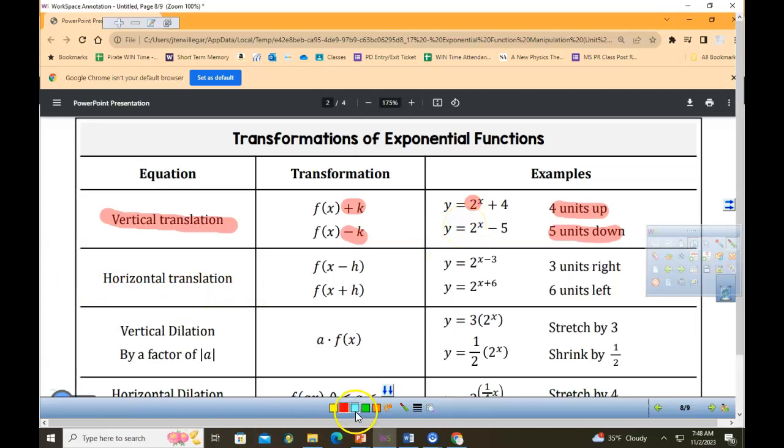Now for a horizontal translation, that's when it's next to the x, in parentheses usually, or implied parentheses. So do you see how the x minus 3, the minus 3 is by the x, not on the back side. And remember, it's opposite what you think it's going to do. So minus 3 is going to go to the right 3, plus 6 goes left 6.